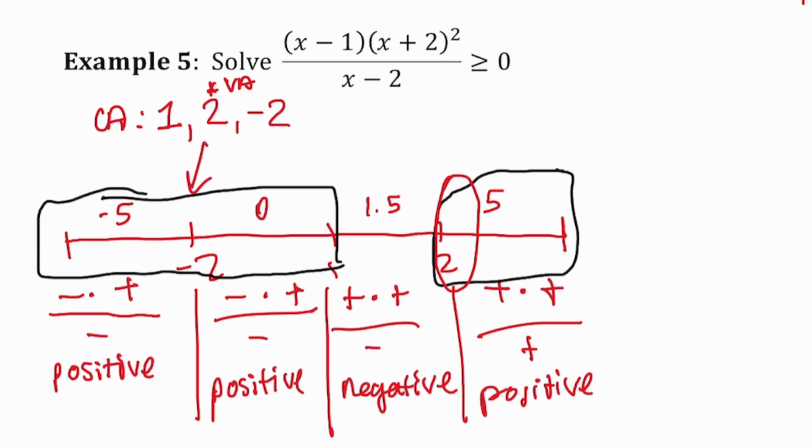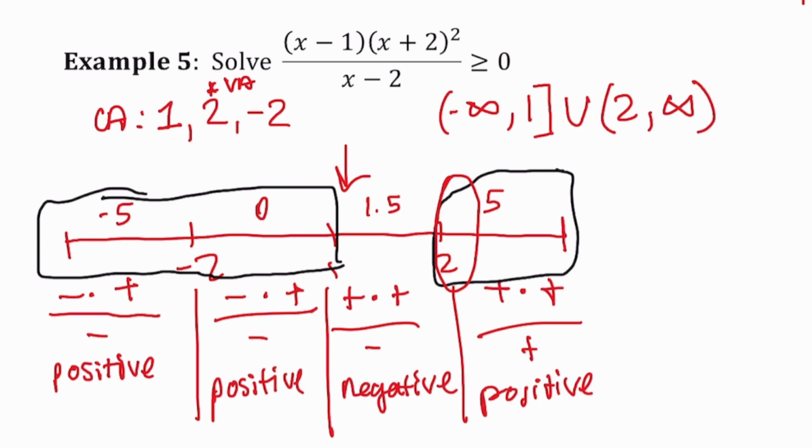Because -2 is not a vertical asymptote, we can combine these two intervals instead of separating them. So we can put negative infinity all the way to 1 right here. 1 would be a closed bracket. And then union 2 is an open bracket because that's the vertical asymptote, to positive infinity, and that's our answer.